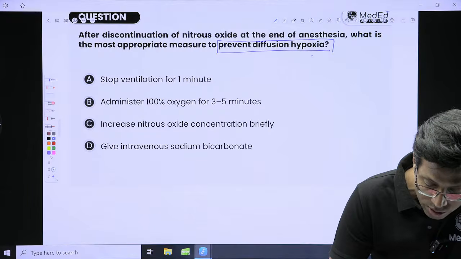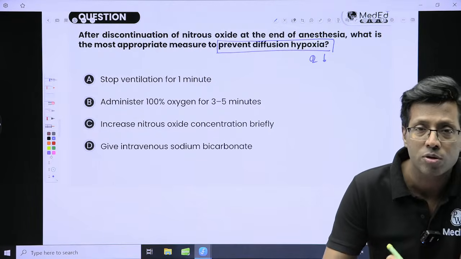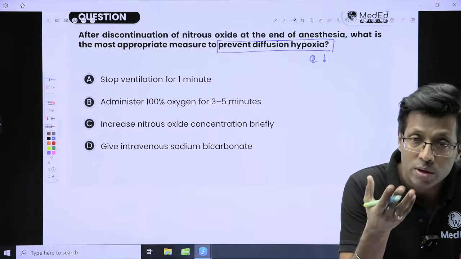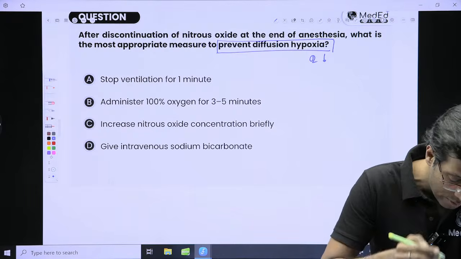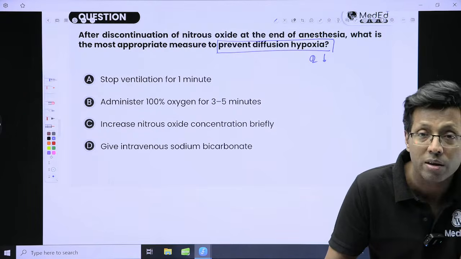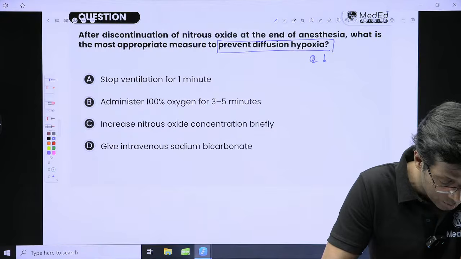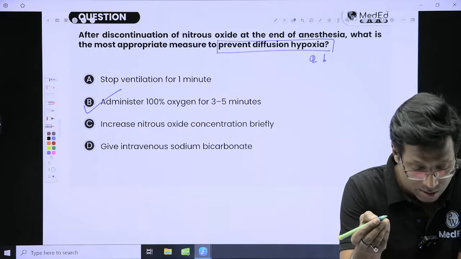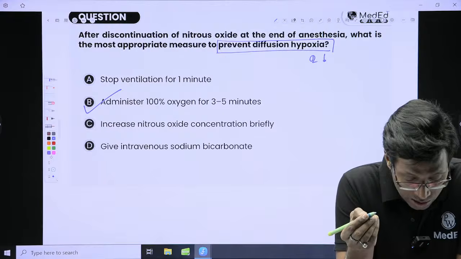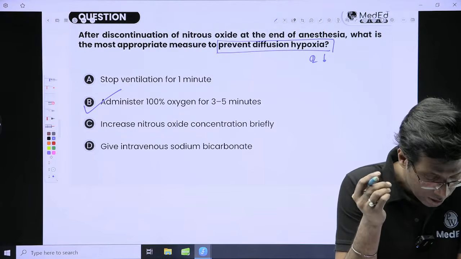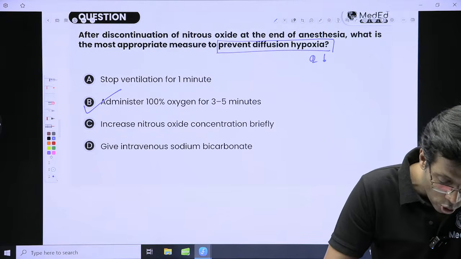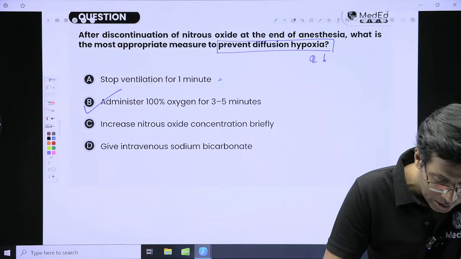Hypoxia means oxygen is going down. So if oxygen is going down, you're supposed to increase oxygen. Correct. So out of these options, which is the one that is going to increase oxygen? Option B. That becomes the correct answer. Administer 100% oxygen for 3 to 5 minutes. Stop ventilation for 1 minute means no breathing. Can you do that? Patient का breathing बंद हो जाएगा.